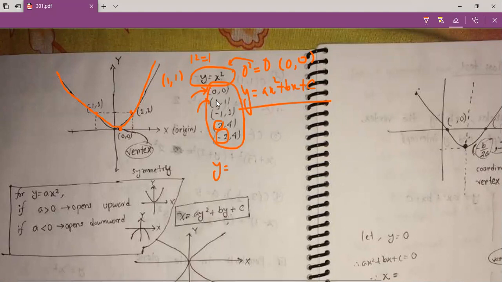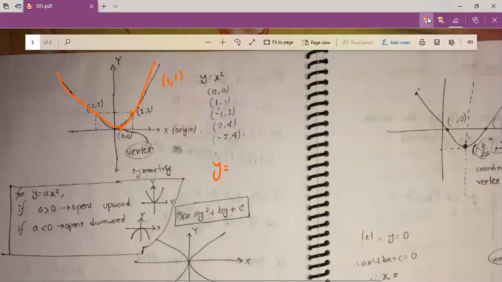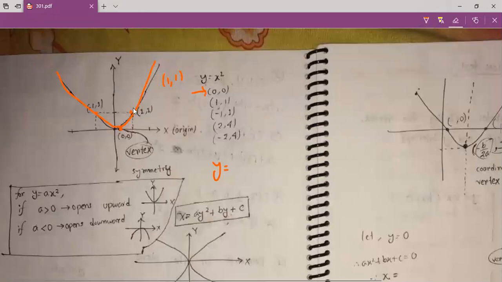Then we will get the parabola. First we keep the plus values, then we keep the minus values. You can take any value here. It doesn't matter. If I take 1, 2, 3, not negative, is it possible?